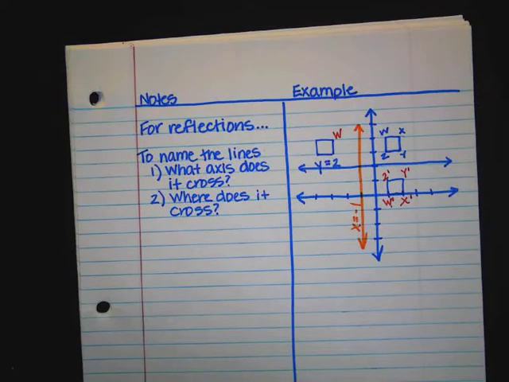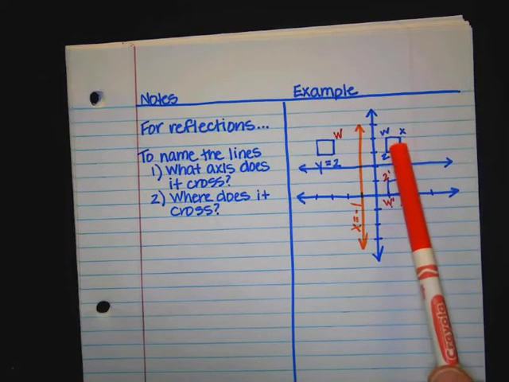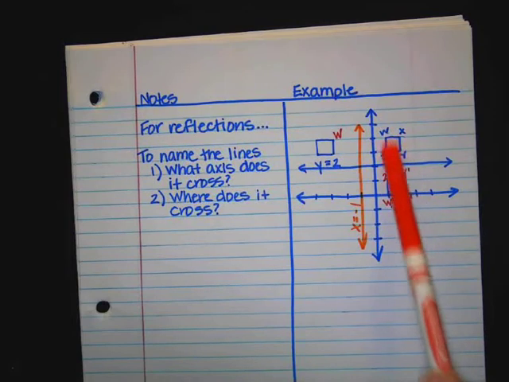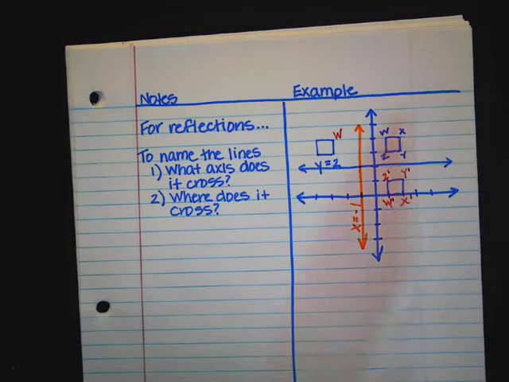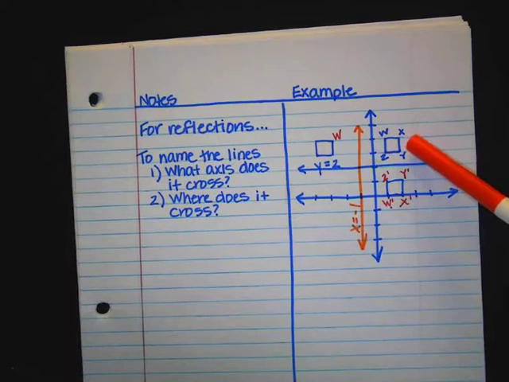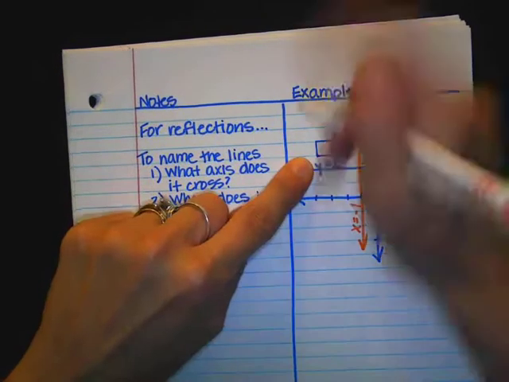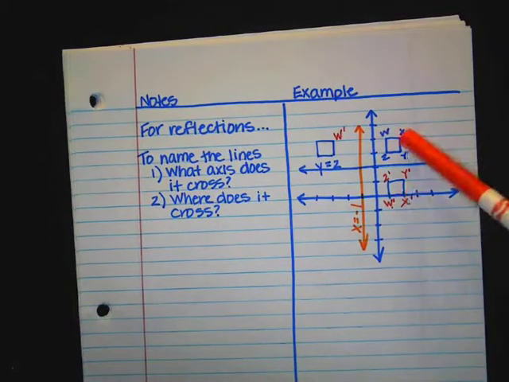I'm reflecting it from the first image, the square. That was my first image, so it is known as the pre-image. Since I'm going from the pre-image, it's still only going to be one prime, because I didn't come from the other image. So now it's W prime.